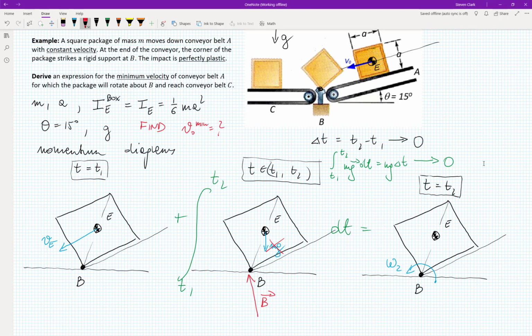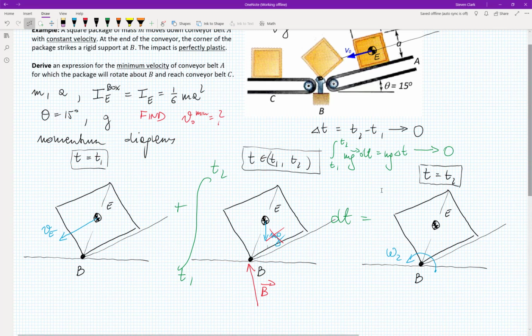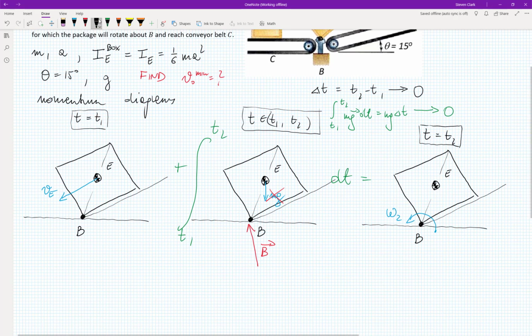Okay, with such an assumption, I think our momentum is preserved about a certain point. Which point is that? B, exactly. For the same reason as before, because the only external force is acting at point B. Thank you, Olivia. Okay, let's write it down.